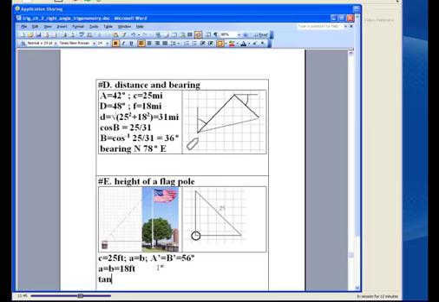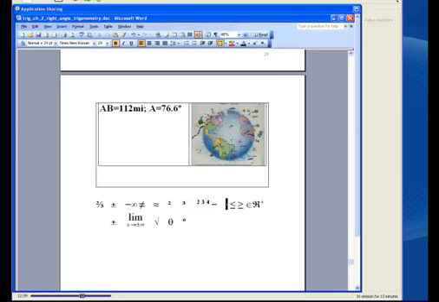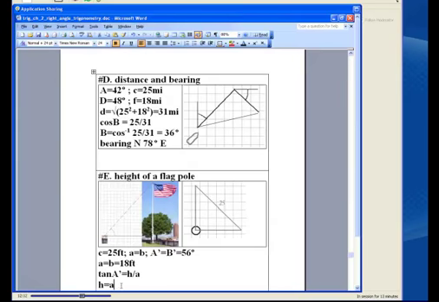So tangent of A prime, I call this A prime, equals the height of the flagpole divided by A. And then we're supposed to come up with the height H, and that equals A times tangent of A prime, and that is 18 feet times tangent of 56 degrees.